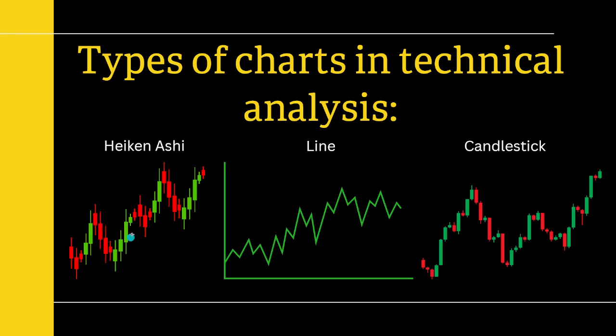Then as soon as we reverse again, the whole uptrend turns green, and then red, green, red, green. So it's very clean and very easy to see, especially for those who like to identify the trend easily. So if you open a Heikin-Ashi chart and you want to know the trend, just look at the colors of the candles.